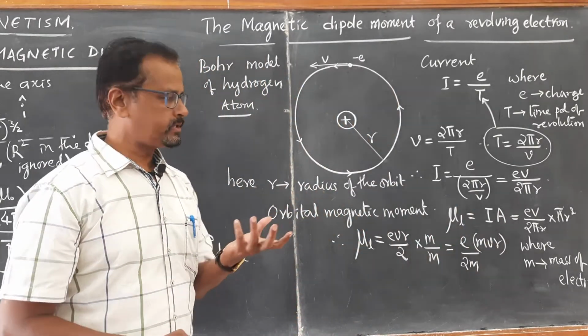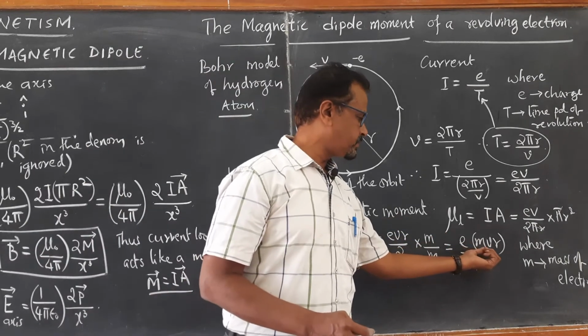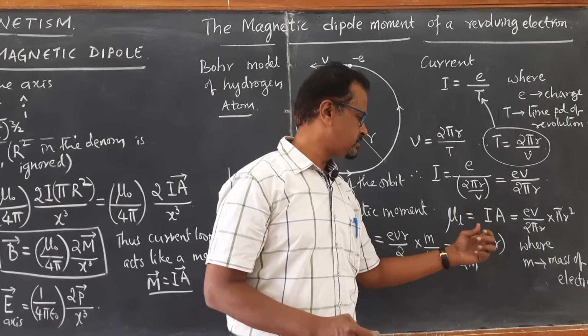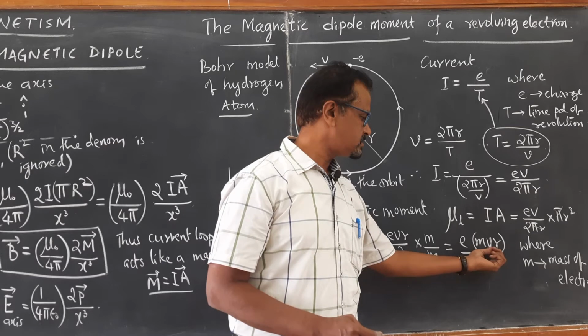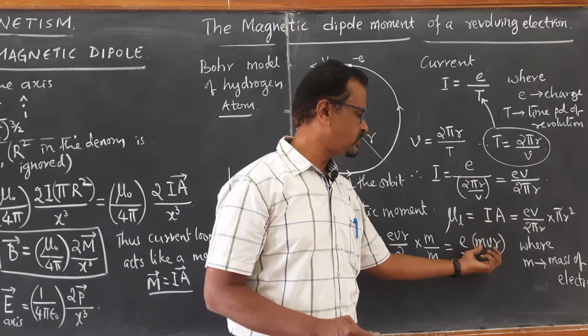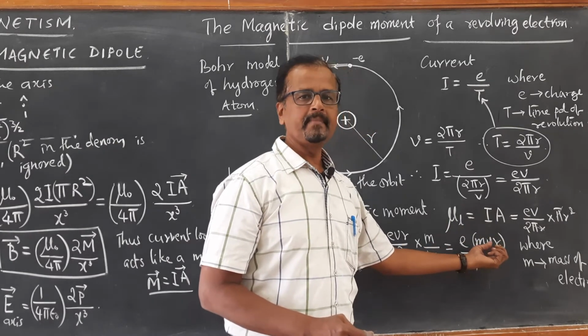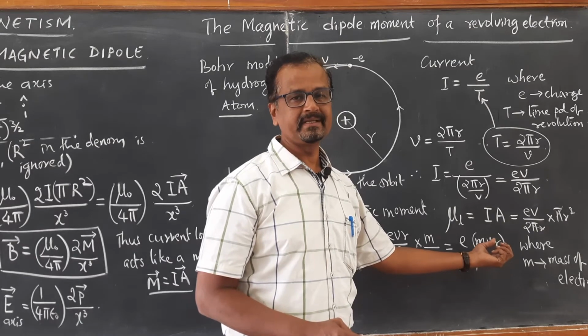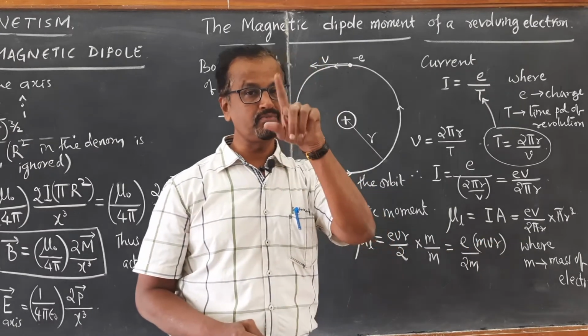With our previous knowledge, we know that the product of momentum and radius, or mass into velocity into radius, gives us the angular momentum, which is denoted by small l.